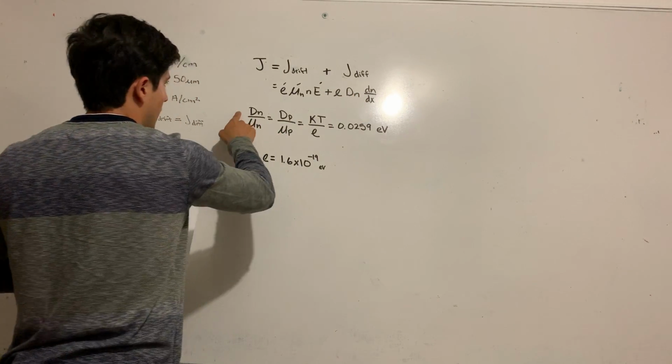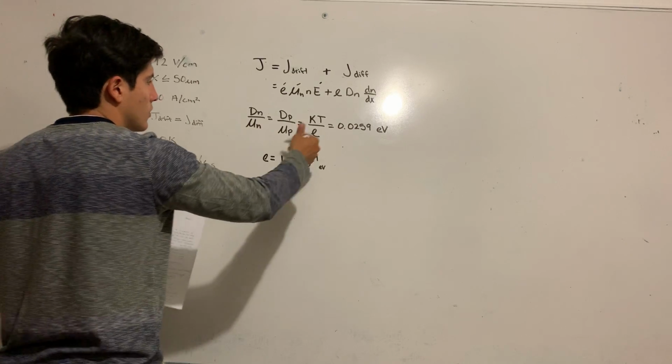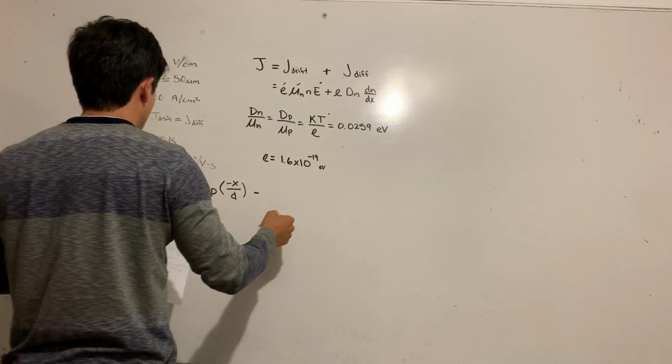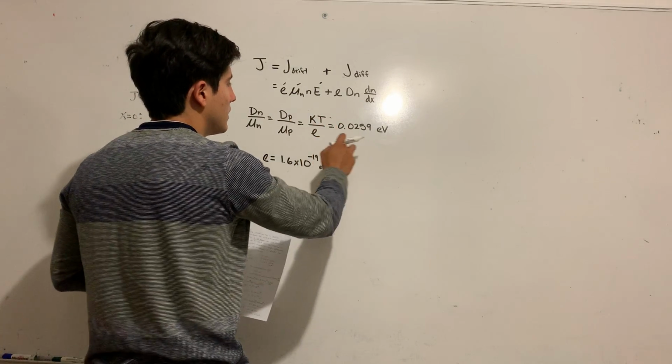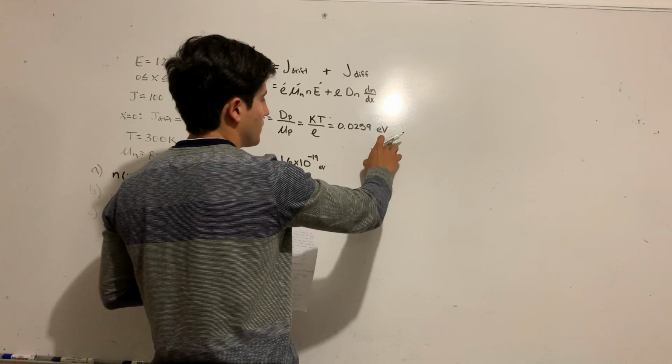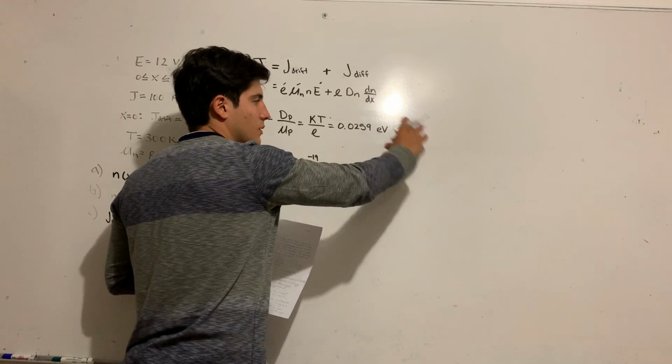Dn we can get from here. They gave us T, which is 300 Kelvin, k is a constant, and e is a constant already.